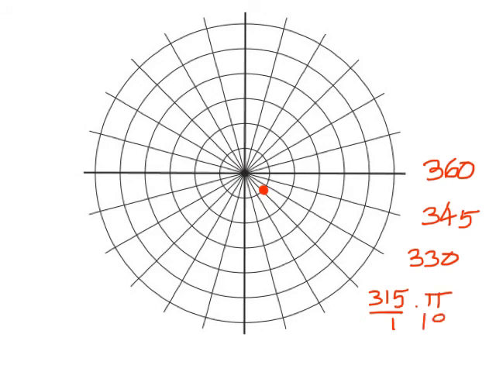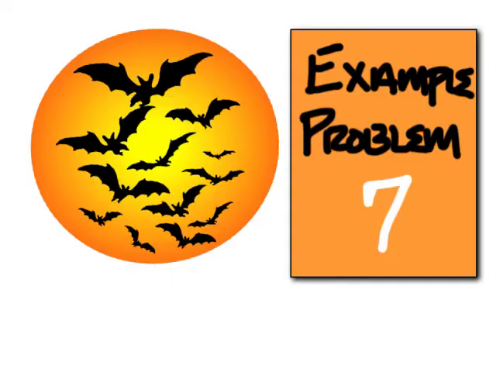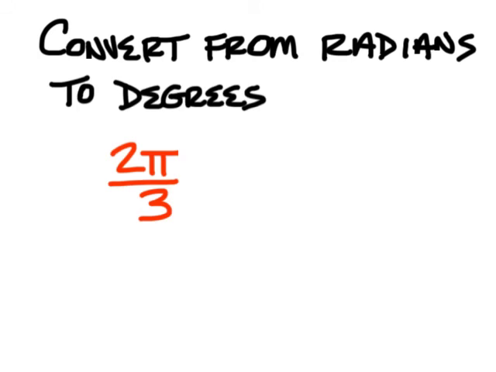And if I multiply that by pi over 180, I'm going to have 15 going into 315 21 times, and 15 into 180 12 times. But you have to reduce that. 3 goes into both. So that would be 7 pi over 4, and it goes out to the 1 rung there.